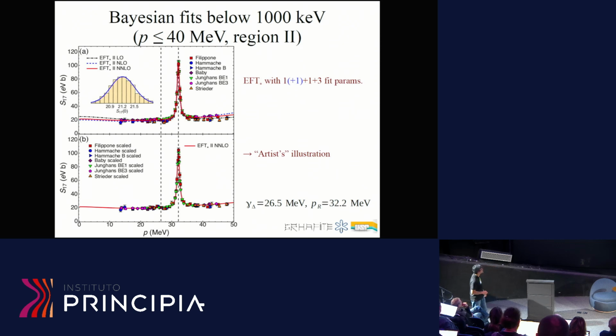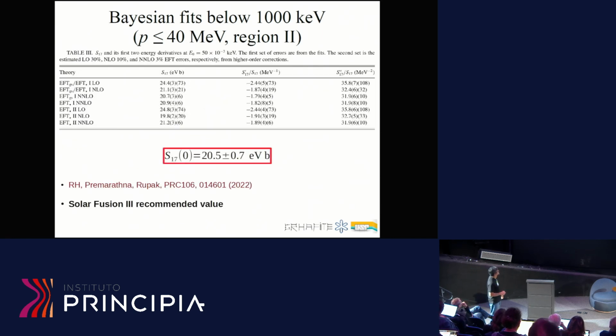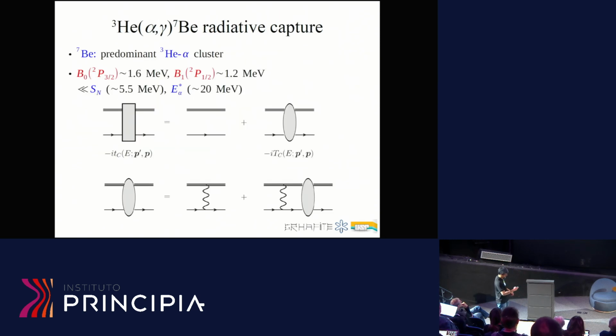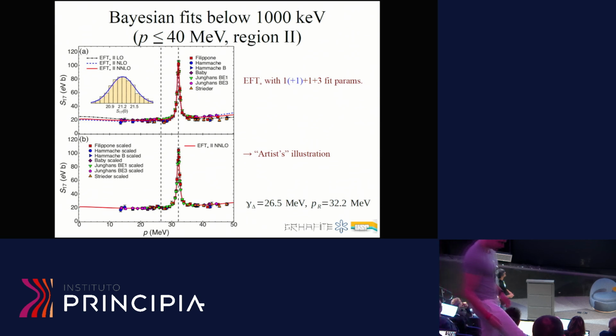All right, and with that we end up describing this cross section with many fewer parameters, and this is due to our power counting. So at the leading order we have just, let's see, I think I had a slide with that. So at the leading order, we have just one parameter.